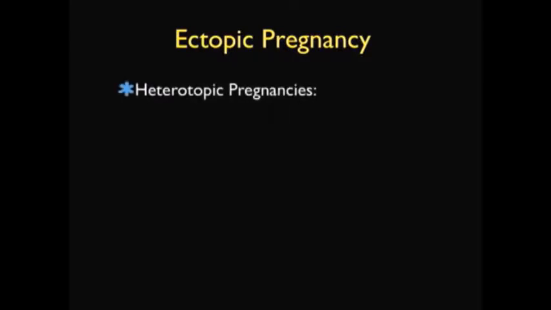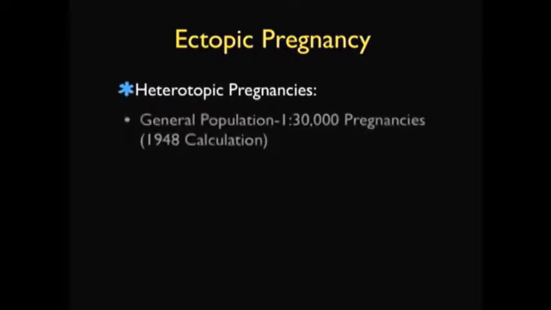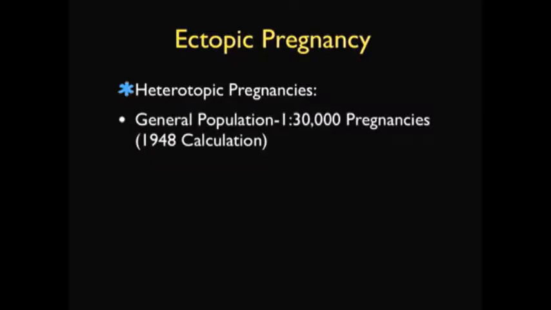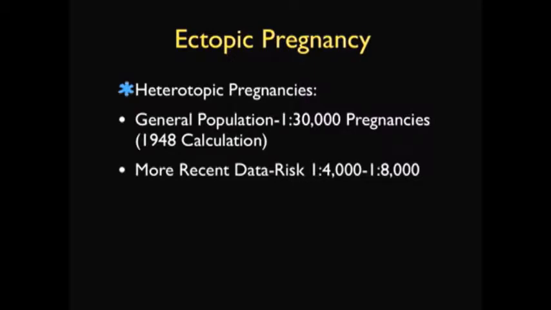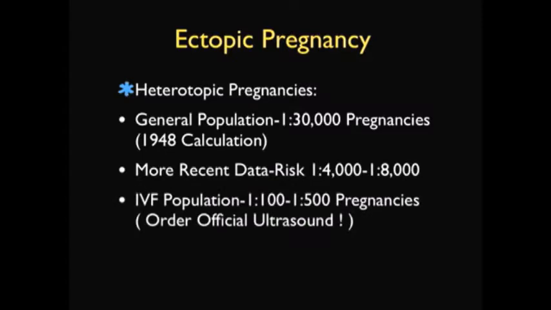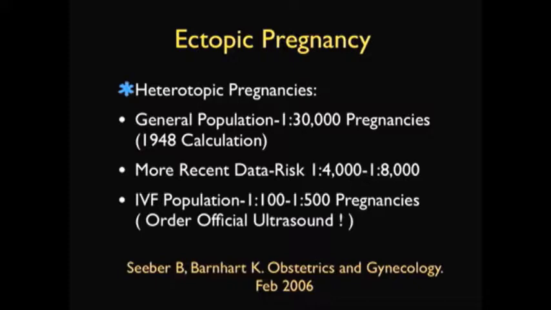A question that often arises in a discussion of ectopic pregnancy is what is the risk of a heterotopic pregnancy, where I have one intrauterine pregnancy and a second embryo growing in an ectopic location. Well, in 1948, in the general population, the risk of heterotopic pregnancy was calculated at about 1 in 30,000 pregnancies. However, more recent data show an increased risk of heterotopic pregnancy, mainly because of the increasing amount of in vitro fertilization in our population.